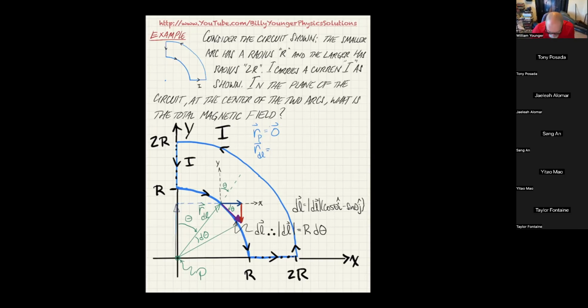Well, that's the y component of it, I should say. So I drew that in a dark blue because it happens to be in the positive direction. And I'll also draw this one in a dark blue because it happens to be in a positive direction as well.